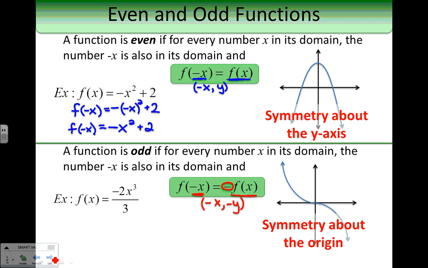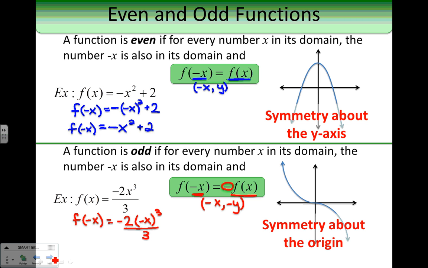So here I'm going to plug in negative x again, and I get negative 2 times negative x cubed over 3. Now, one thing I want to make note of is the original function.